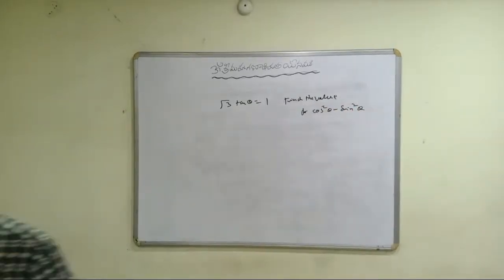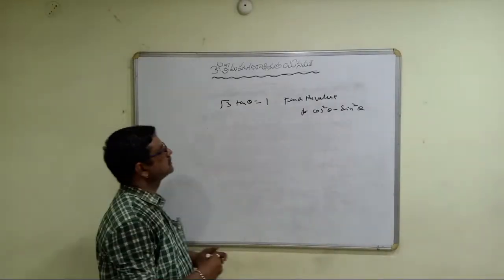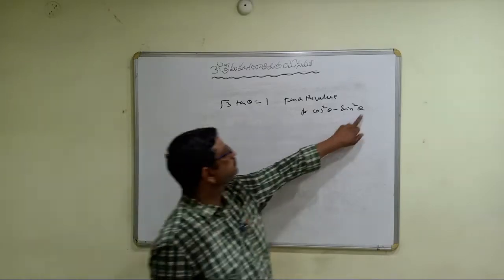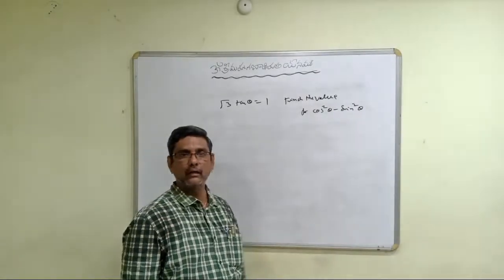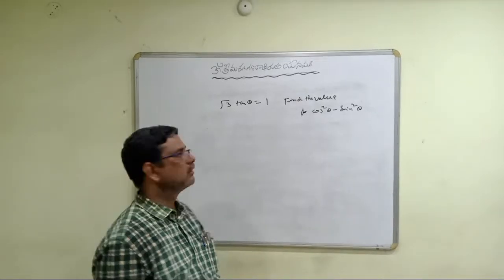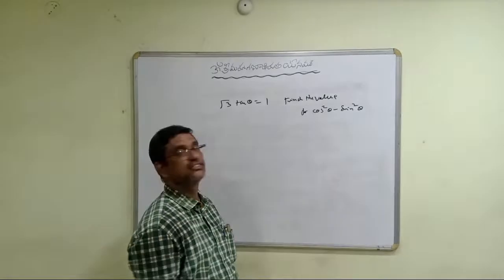See this one. Root 3 tan theta is 1. We need to find out cos square theta minus sin square theta.